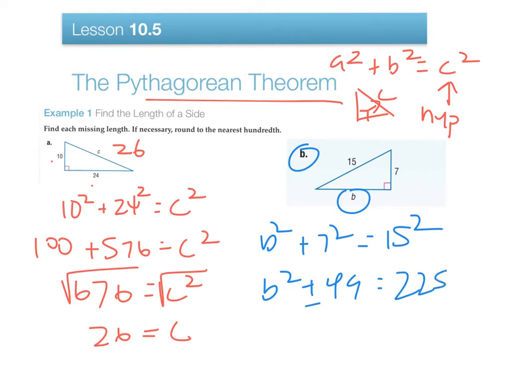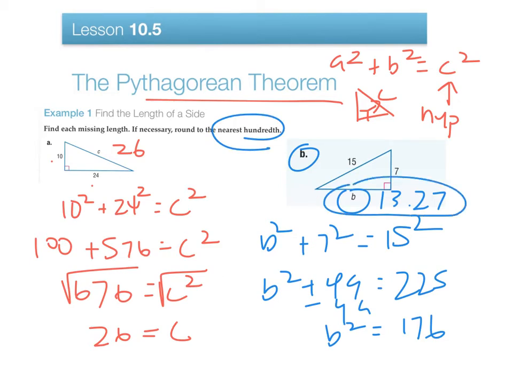If I subtract 49, I get 176. So b squared equals 176. If I take the square root of 176, I get 13.26 repeating, which is 13.27 rounded to the hundredths, as our instructions say. So here's my answer: b equals 13.27.